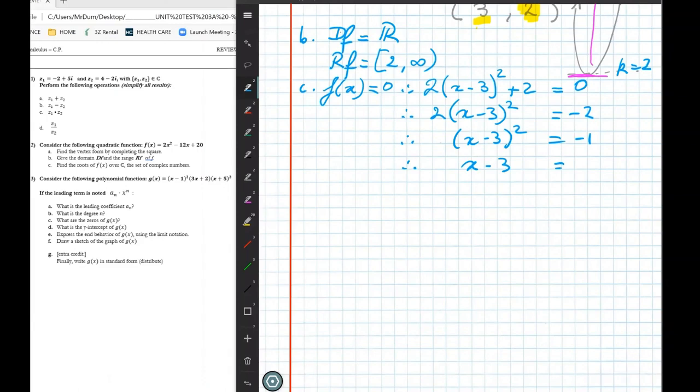And I'm crossing over the square, so plus or minus, and the inverse of square is square root of negative 1. And finally, this subtraction of 3 becomes an addition of 3, and so 3 plus or minus, and square root of negative 1 is just i. That's it for part 2.